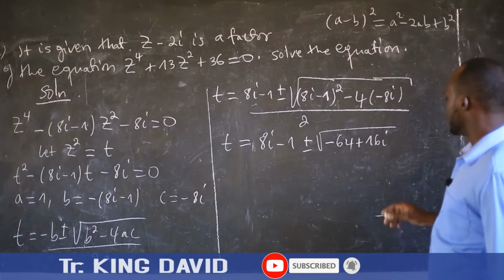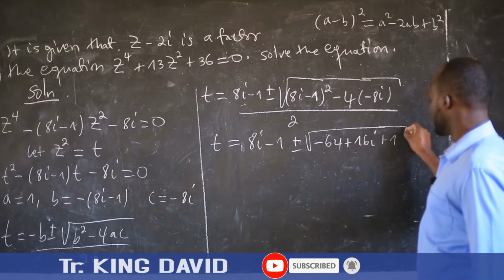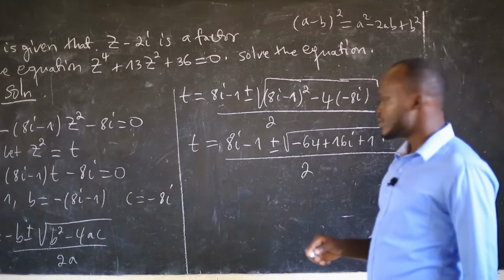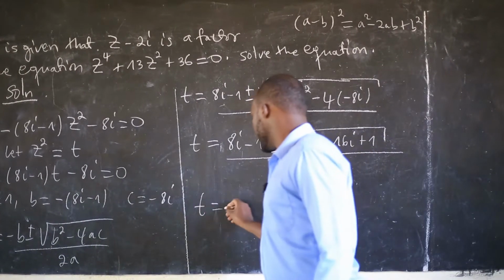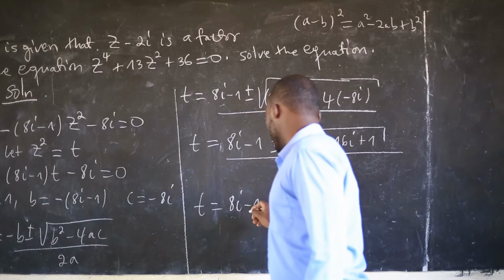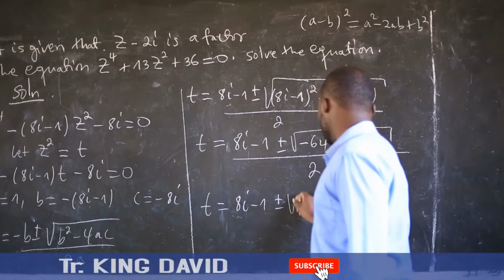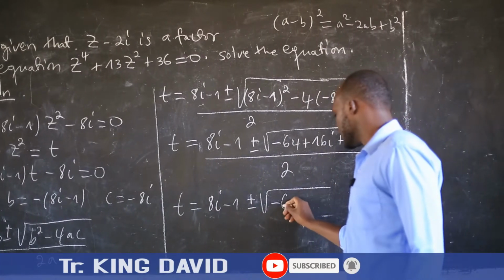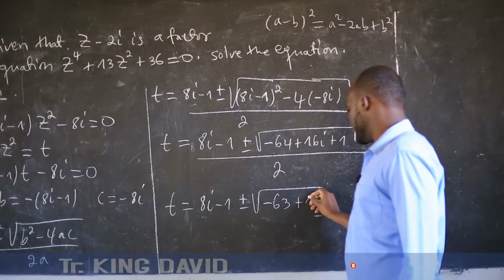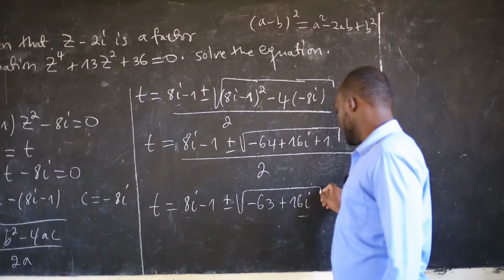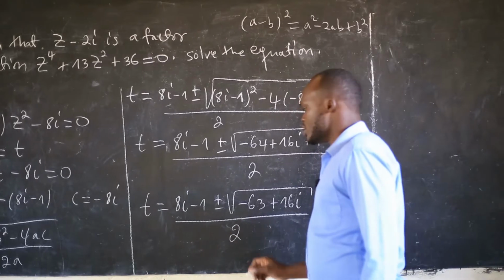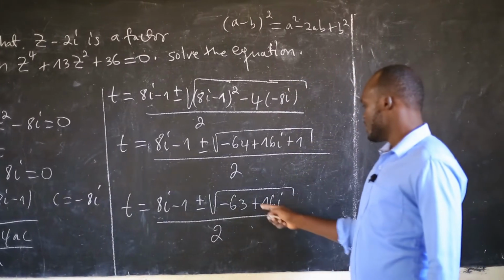Then plus B squared, plus 1. Divided by 2. So T will be equal to 8i minus 1 plus or minus the square root of negative 64 plus 1, that's negative 63, plus 16i, divided by 2.